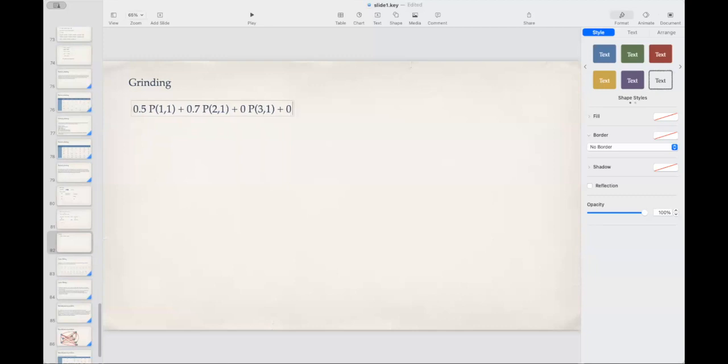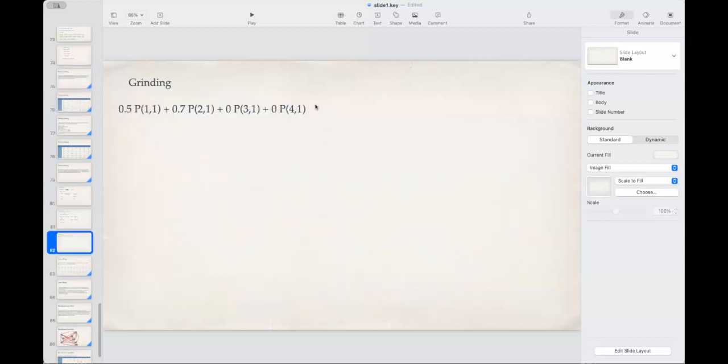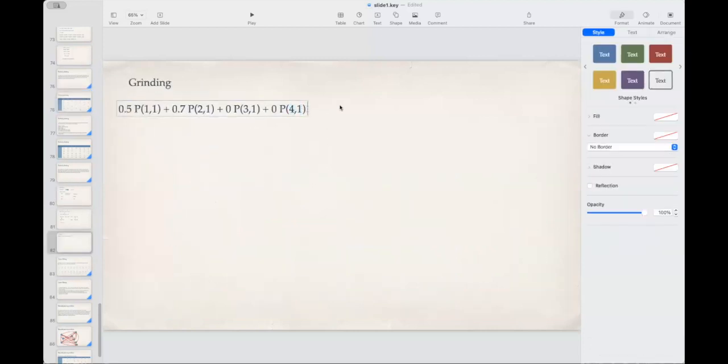For product 4, we don't need it. Then 0.5, 0.7, 0.325, 0.3, 0.2, and 0.5.